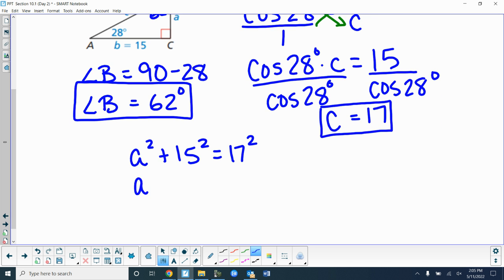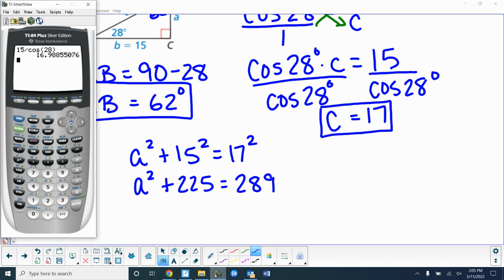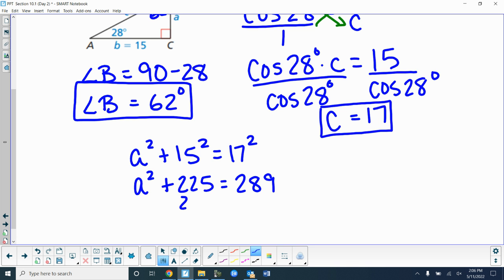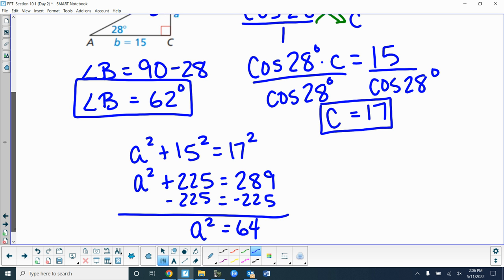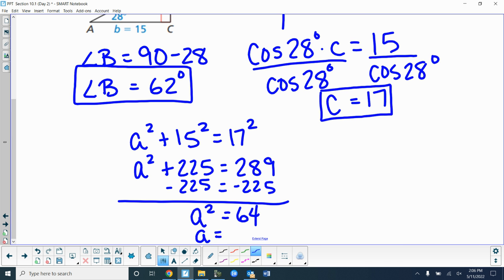That's A squared plus 225 equals 289. I'm going to check that. 17 squared, yeah, 289, minus 225 when I subtract it over. This works out nice since I made that a 17. Then I take the square root, and the square root of 64 is 8.